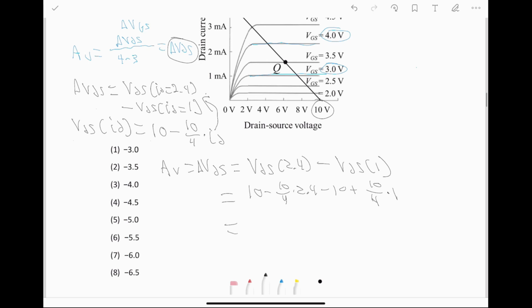This simplifies to negative 24 over 4 plus 10 over 4, which is equal to negative 14 over 4, which is equal to negative 3.5, which is our solution for 8b.